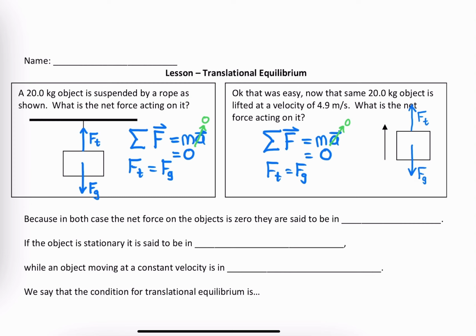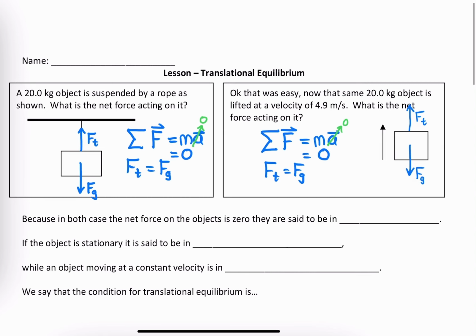Now, because in both of these cases the net force on the objects is 0, they are said to be in what we call translational equilibrium. There are two types of translational equilibrium, and those are the two types we've shown here.